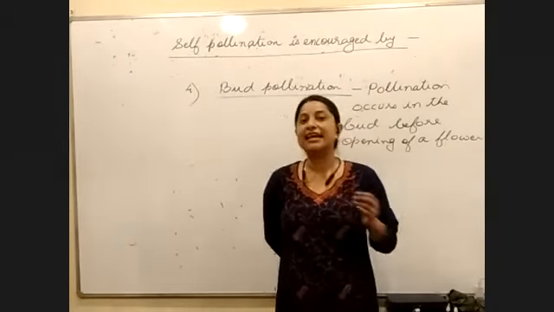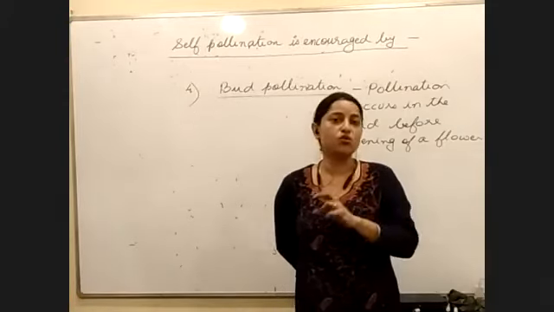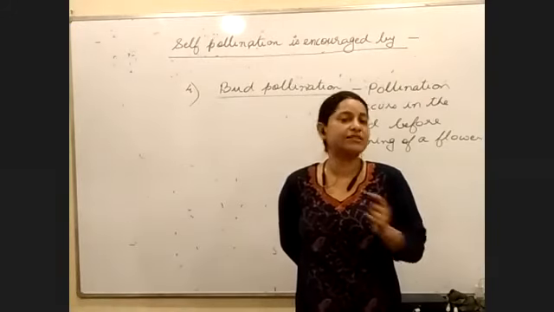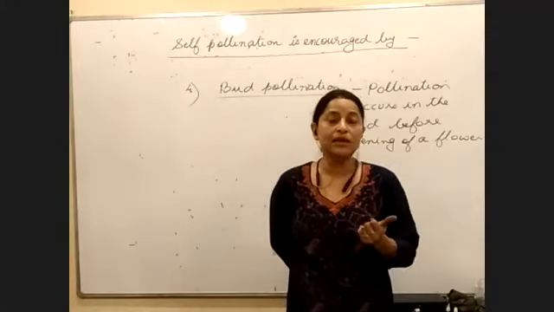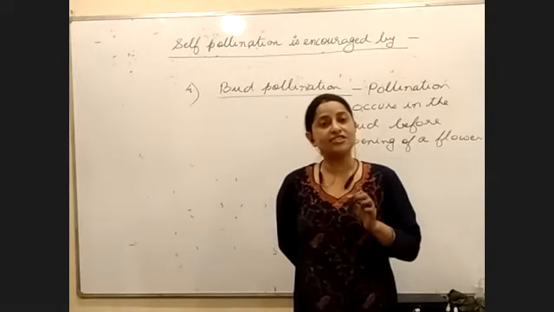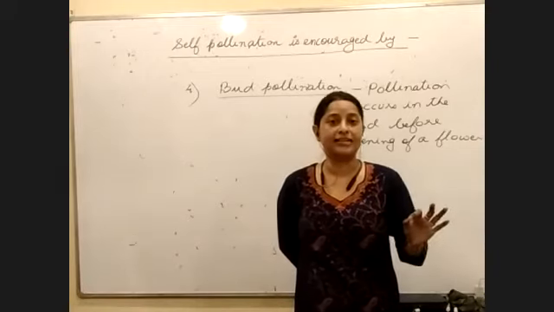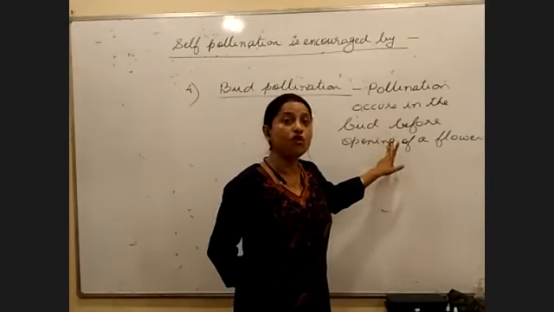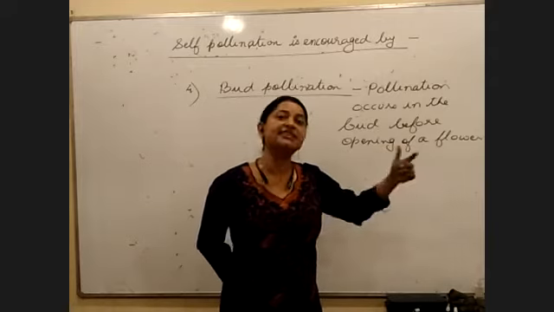We cannot call it a closed flower, that is not the term we use here. Instead, we say pollination occurs in that immature condition itself, when the flower is in the form of a bud. So pollination occurs in the bud before opening of a flower. The flower can open, but pollination takes place before it opens.